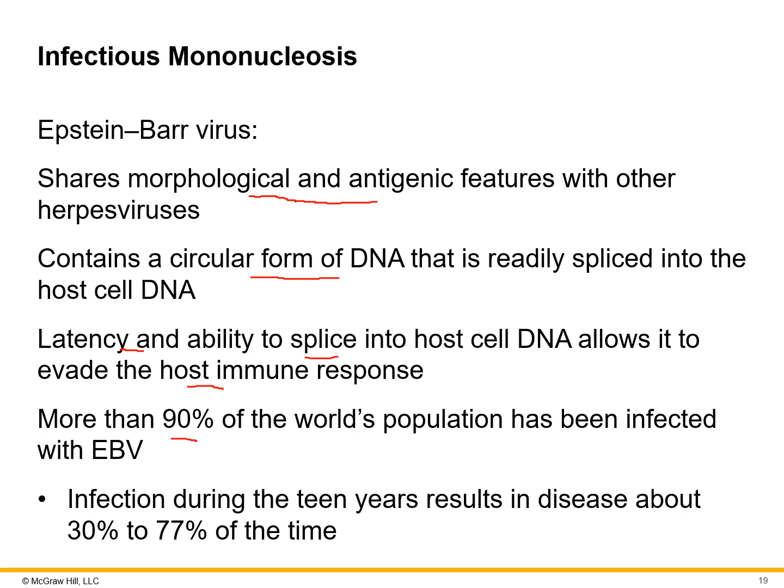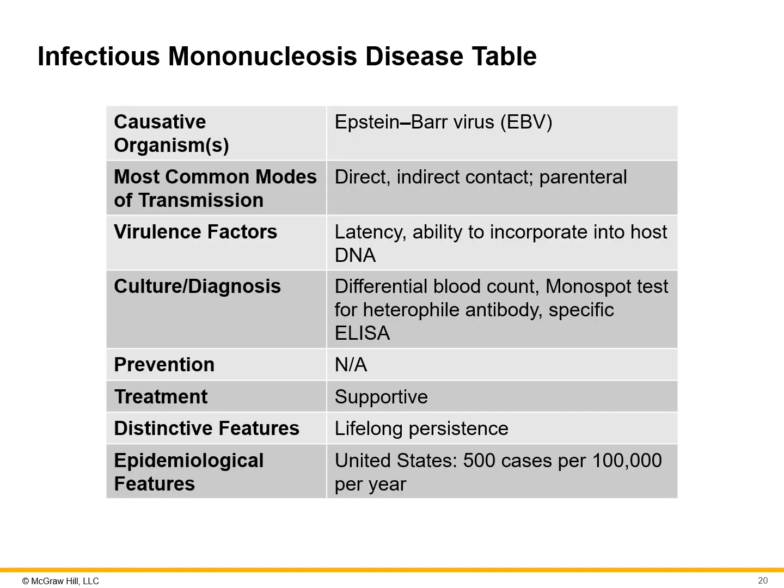More than about 90% of the world's population has been infected with one of these Epstein-Barr viruses. And again, infections during the teen years result in disease about 30 to 77% of the time.